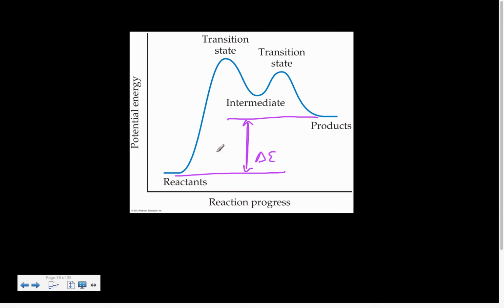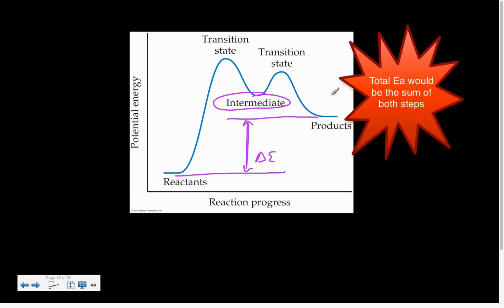But we understand that this is a two-step process, and we know that because we have one activation energy and a second activation energy with an intermediate in the middle. Something comes out and then we use that something else. So we have one activation energy to produce the intermediate, another activation energy, and then we reach our products. If it were a three-step mechanism, there would be a third hump over there.